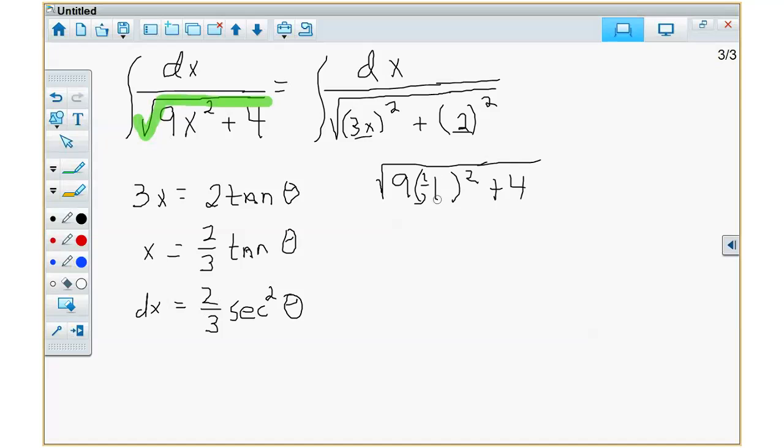And this mouse will not write it. 2/3 tangent. So that's going to be the square root of 9 times 2/3 tangent theta squared plus 4.